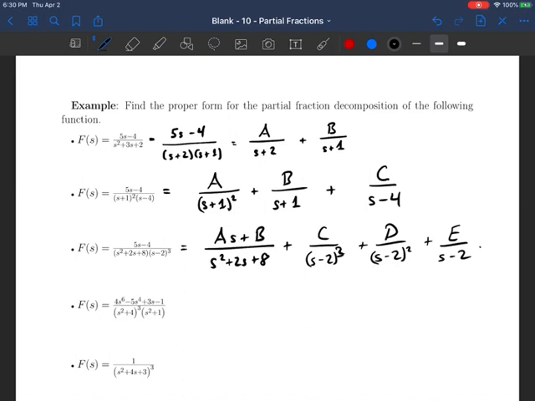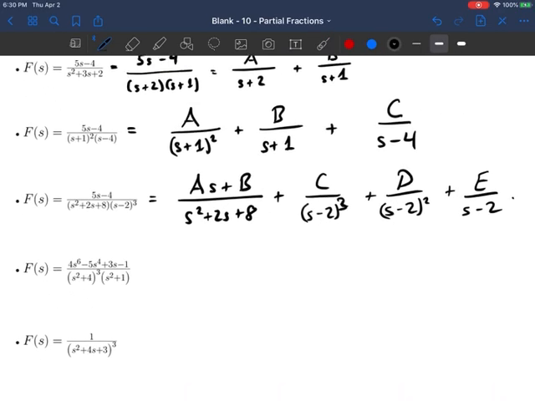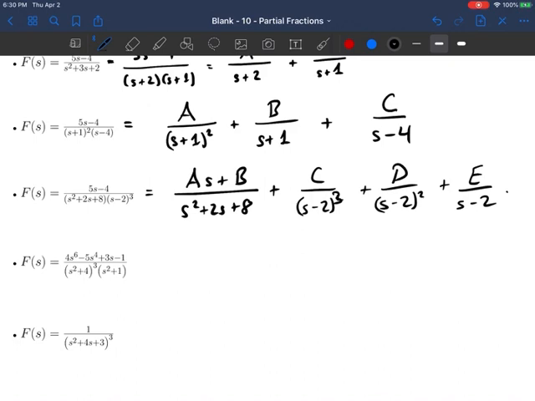And you do in fact need every single one of these terms. Now, sometimes those coefficients might end up being 0, but usually they're not. So you have to have everything available in order to be assured that this method will actually work. All right, a little bit more involved this time. So notice, so far, it does not matter what the numerator is. For determining the form, all that matters is the denominator. So keep that in mind.